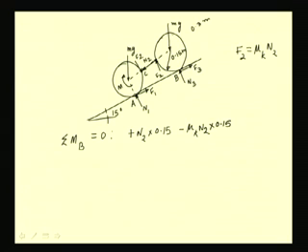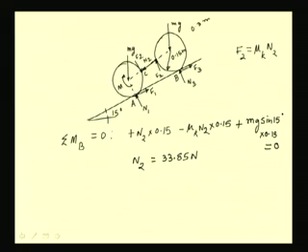Then we have the moment due to this force, which is plus mg sin 15 into 0.15. So, from this we get N2 as 33.85 newtons.